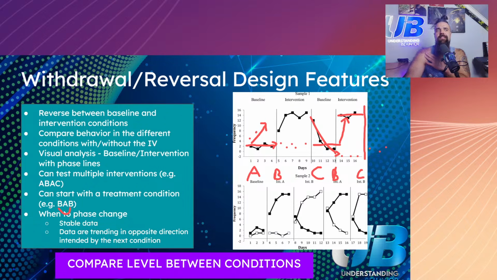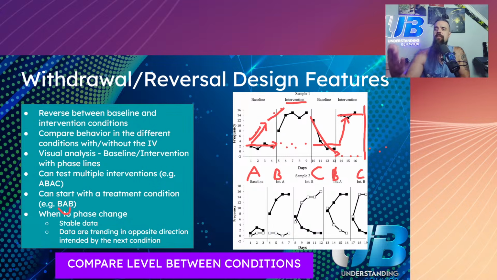If we had data points that looked like that, and then we implement our intervention, we're not sure if it was going to naturally increase because trending data are likely to continue to trend, or if it was our intervention that caused that increase in the behavior. That has two explanations for why the behavior could increase.